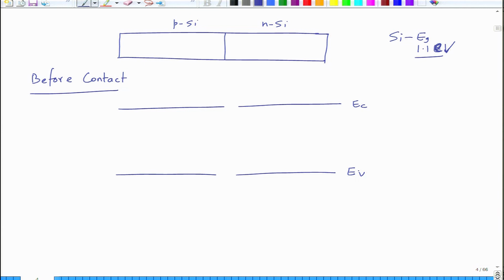Before making a contact, the Fermi level of P type will lie somewhere here. Depending upon the doping level, you will have the Fermi level of P, and depending upon the doping level of N, you will have EFN. So, essentially you are saying that this material is P type. P type basically means that you have acceptor kind of materials.